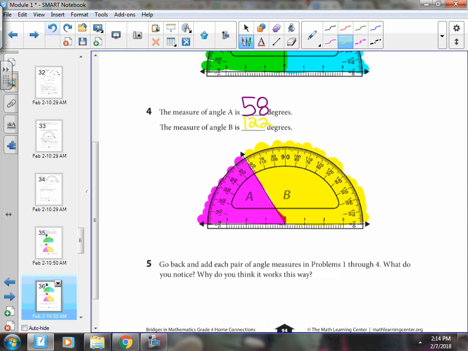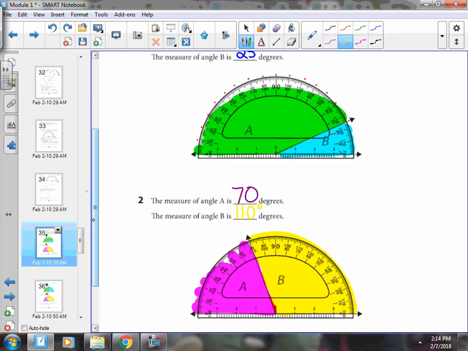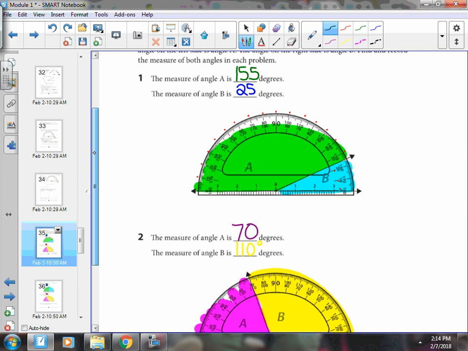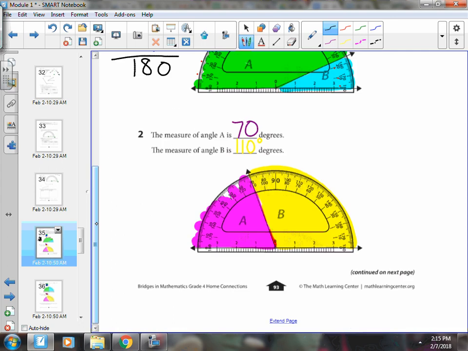Number 5 is a very interesting question. Number 5 says, go back and add each pair of angle measures in problem 1, in problem 2, in problem 3, in problem 4. What do you notice? Let's go back and look at number 1. Number 1, I have the two numbers 155 and 25. When I add those together, interesting. Number 2, when I add these two angles together, interesting.